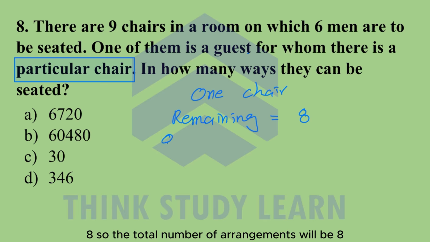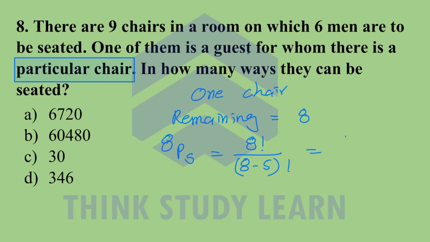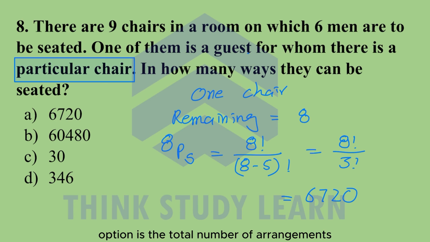So the total number of arrangements will be 8P5, which is 8 factorial over (8 minus 5) factorial, that will give us 8 factorial over 3 factorial, that is equal to 6720. So A option is the total number of arrangements for the 9 chairs if one chair is specified.